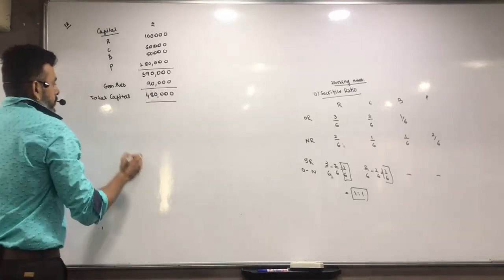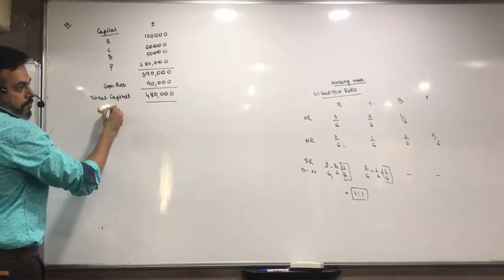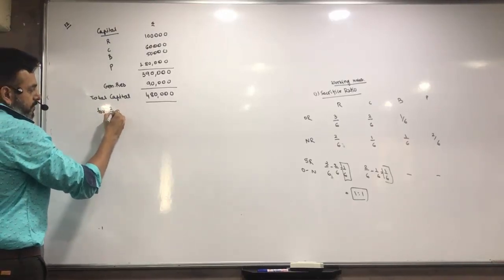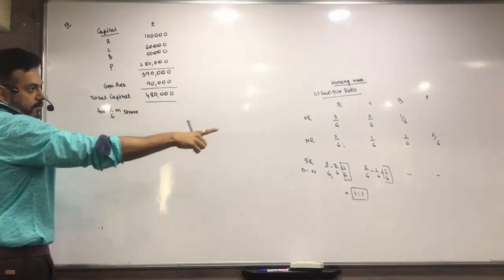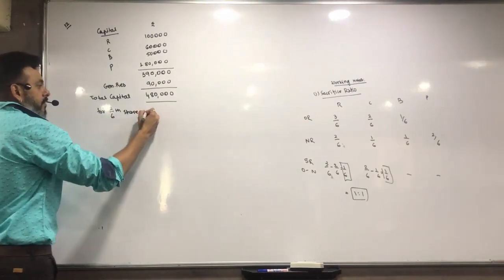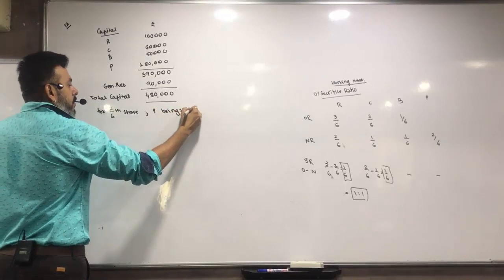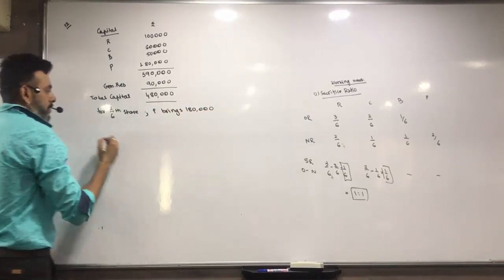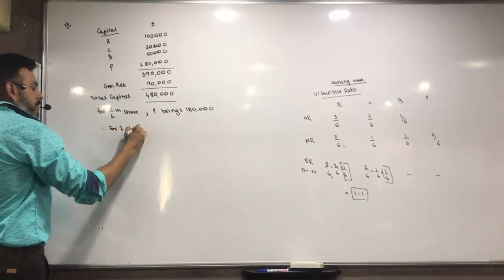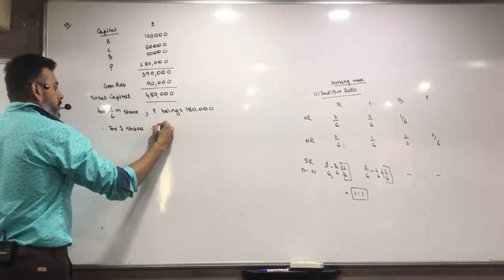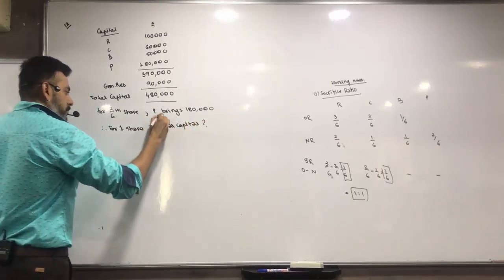Now for 2/6 share or 1/3 share, okay, 2/6 or 1/3, partner P brings 1,80,000. Therefore, for one share, total capital is how much? Cross multiply.